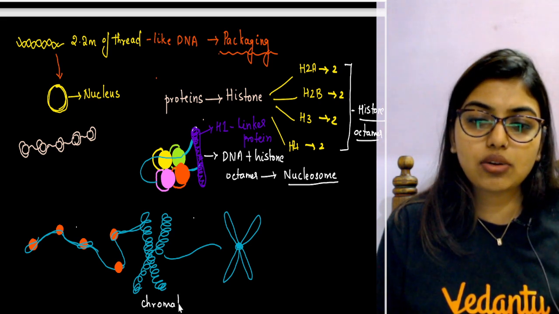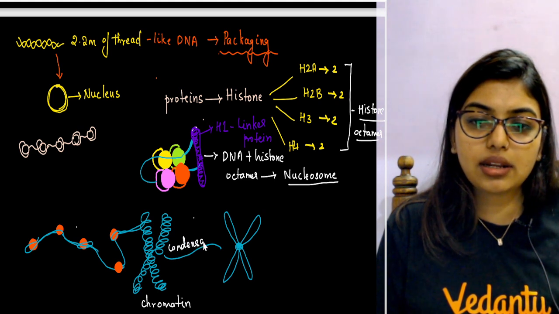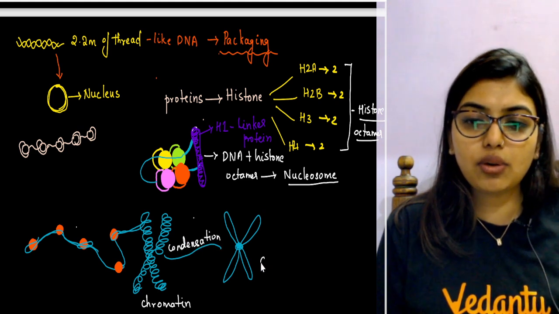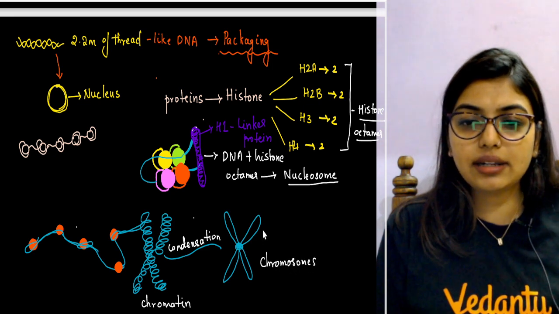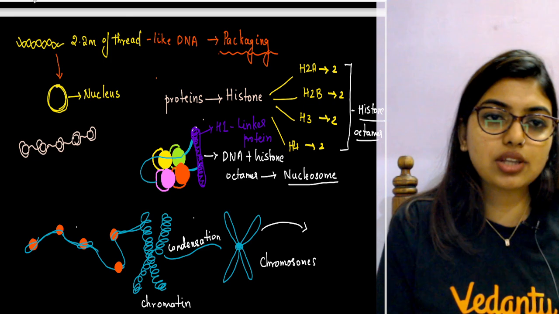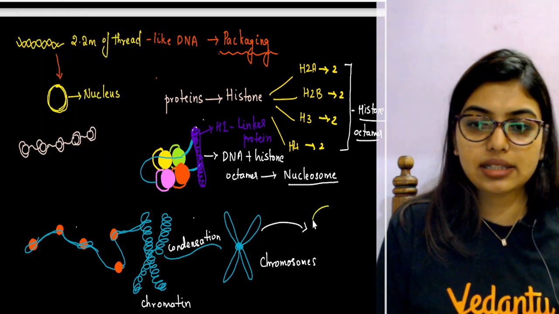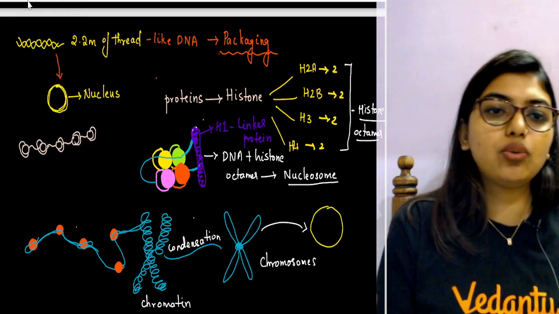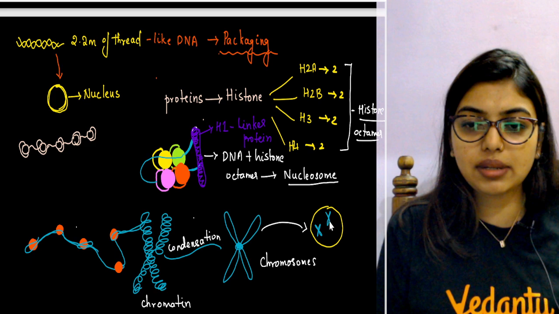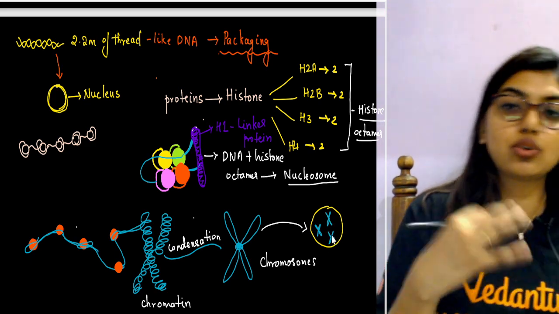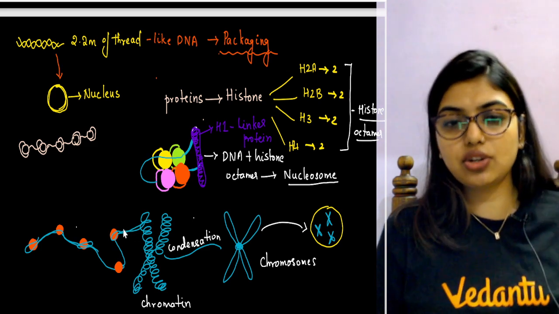That chromatin will again condense to form chromosomes, and then these chromosomes will enter inside the nucleus that I asked you about in the starting. That is how the entire 2.2 meters of DNA is inside the nucleus without consuming a lot of space, because of this nucleosome, this histone octamer packaging.